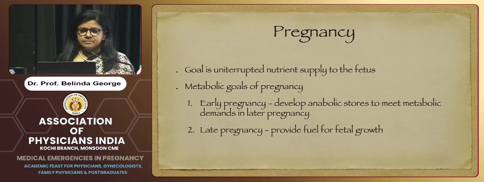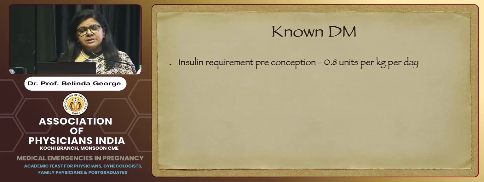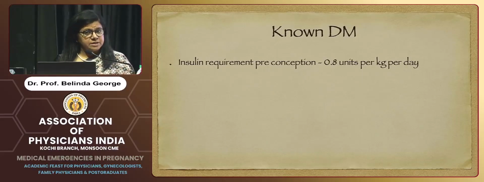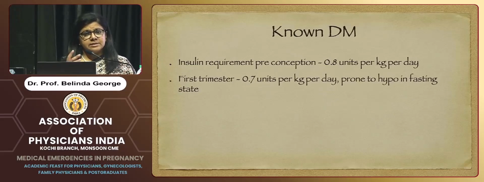In patients who already have existing diabetes, the pre-pregnancy insulin requirement will roughly be about 0.8 units per kg per day, like in type 1 diabetes. In the first trimester, there is heightened insulin sensitivity, and the requirement actually comes down. So in the first trimester, generally the glucose falls in normal women.